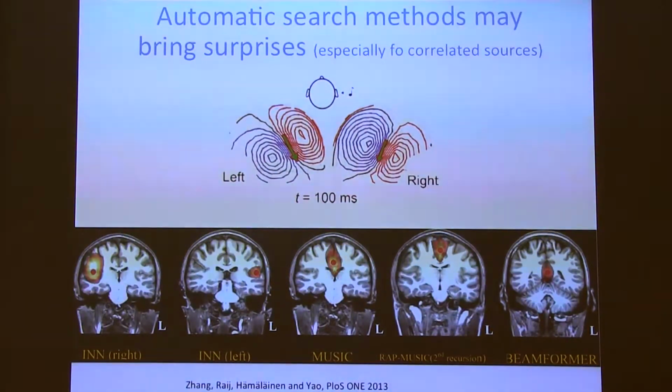Here's one example, in fact from Matti's work. It tells us that automatic search methods may bring surprises, especially for correlated sources. These are real, I don't have this data here, but I saw that the left and right auditory cortices were activated. I understood they were real auditory data, from four subjects.